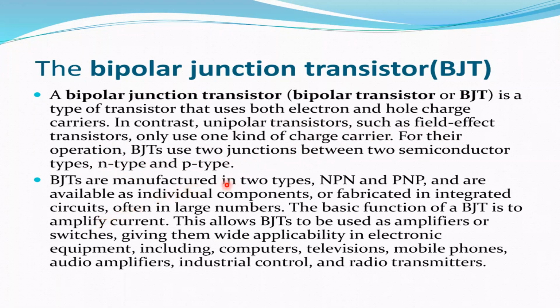BJTs are manufactured in two types, NPN and PNP, and are available as individual components or fabricated in integrated circuits, often in large numbers. The basic function of a BJT is to amplify current. This allows BJTs to be used as amplifiers or switches, giving them wide applicability in electronic equipment, including computers, televisions, mobile phones, audio amplifiers, industrial control, and radio transmitters.